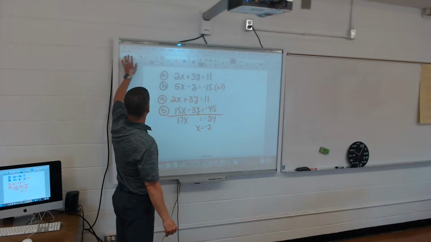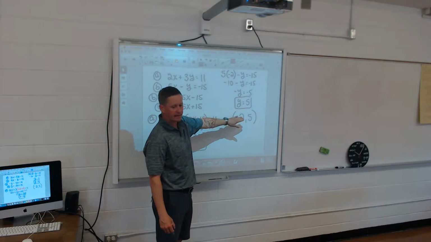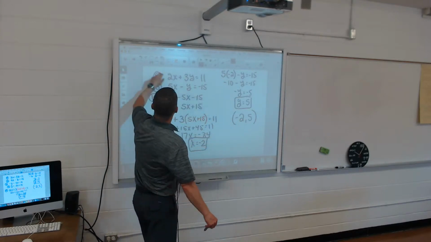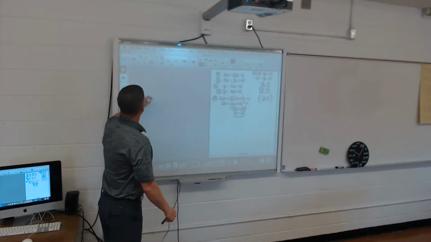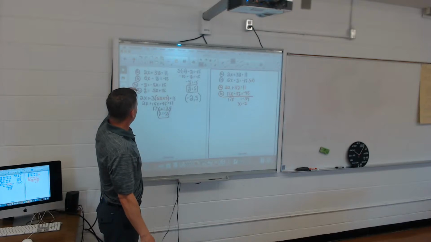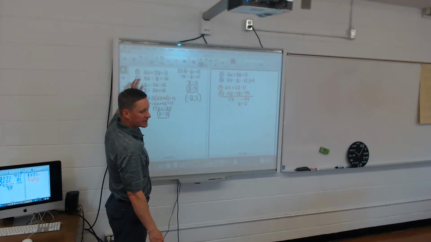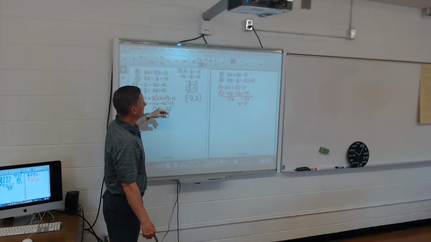And then, same thing right here. Go back down and do it again. So, when you compare the two, all right, the substitution method, you solve for y or x in one of them, put it into the other to get your x or your y.